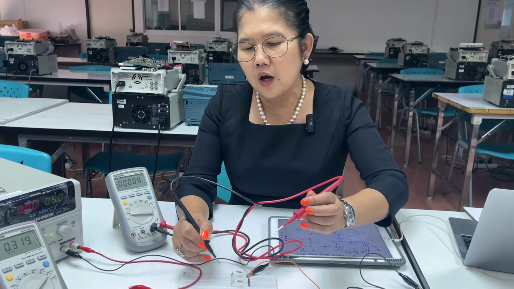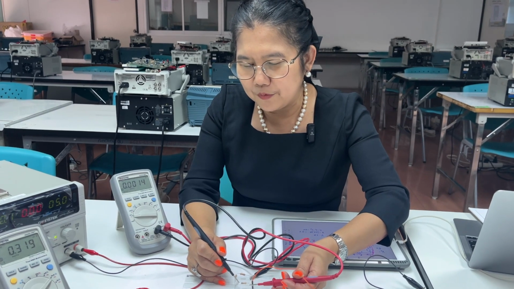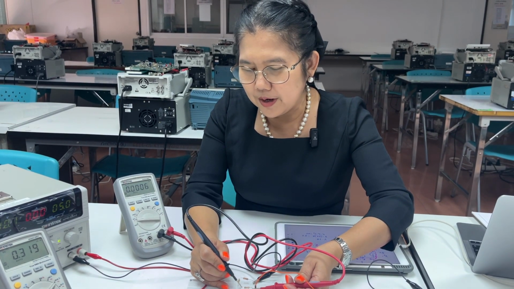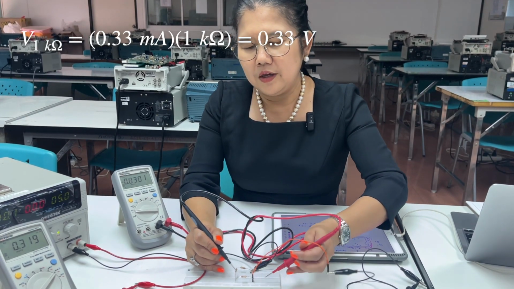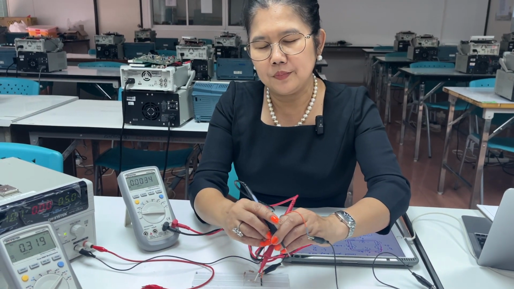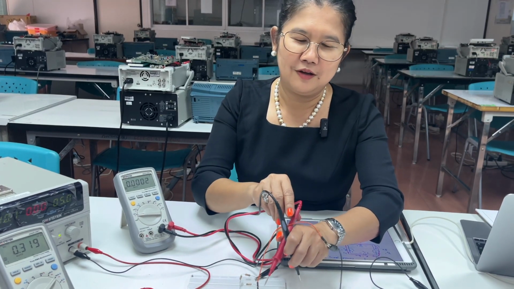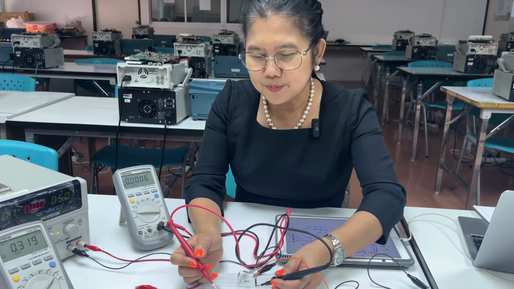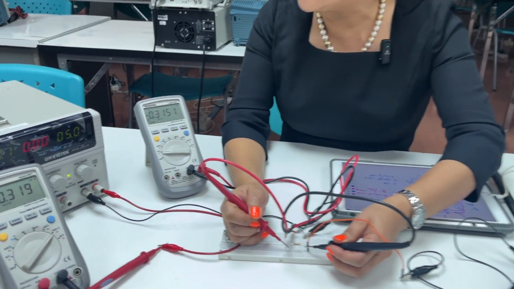What if we do it the opposite way? Right now I have the red probe right here and the black probe right here, 0.315. If I switch the probes, with the black at this point and red here, it becomes negative. Do you see that?